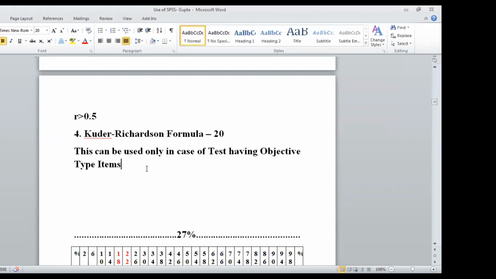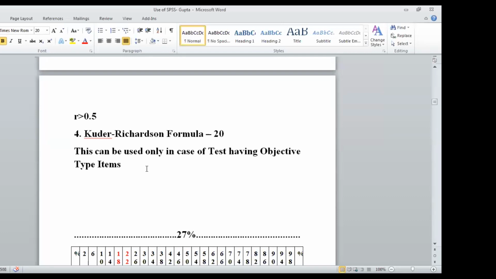You cannot find out the reliability using Kuder-Richardson formula for those test items where you cannot say whether the answer is correct or incorrect. So that is why the Kuder-Richardson formula 20 can be used only and only for the test, because in case of a test, your answer can be correct or incorrect.